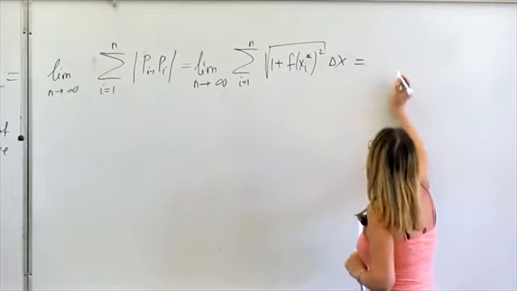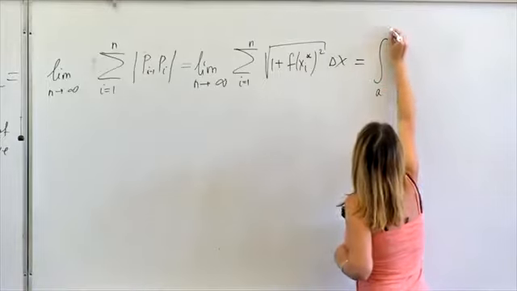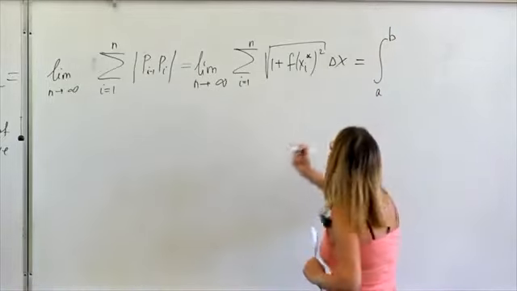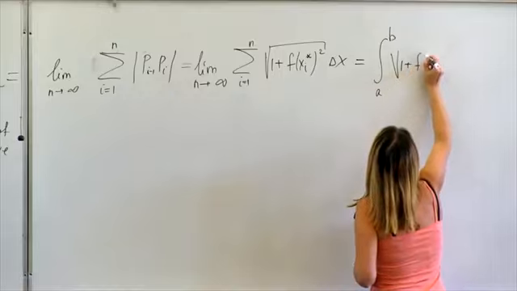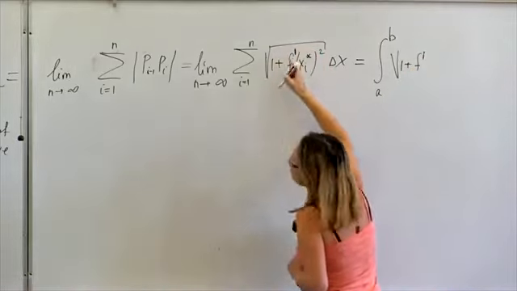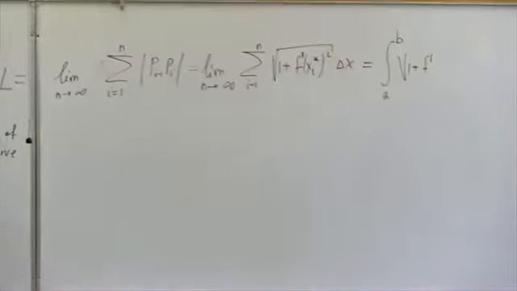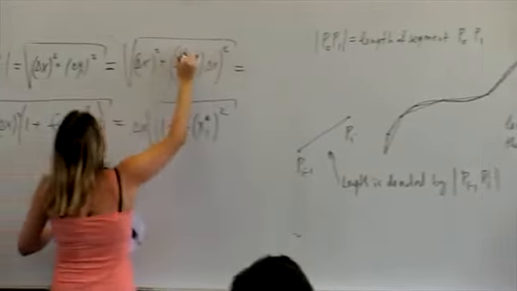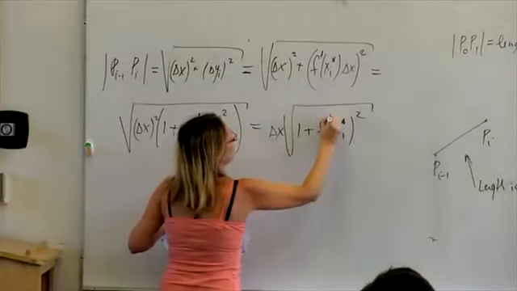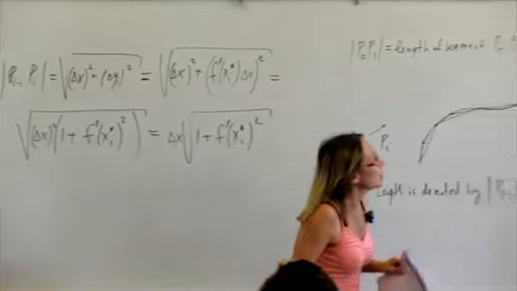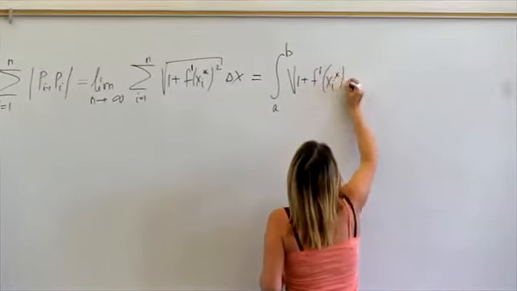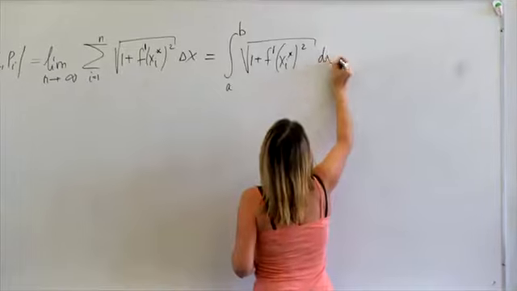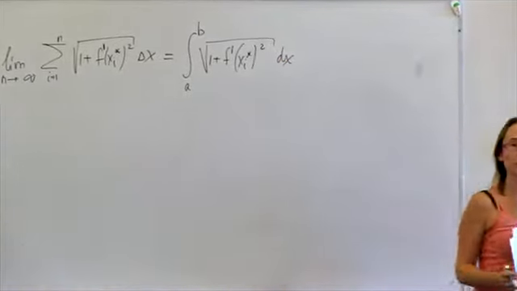So very easily, this can be recognized as an integral between points a and b of this quantity, 1 plus f prime. I'm sorry, this is f prime. I forgot to put the prime. Squared dx. And this is a formula we can work with.